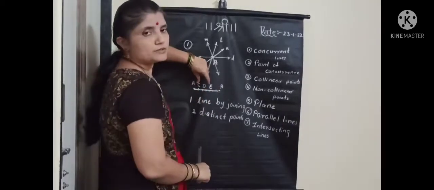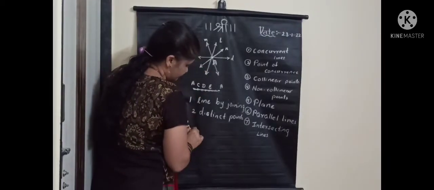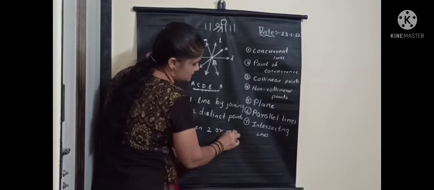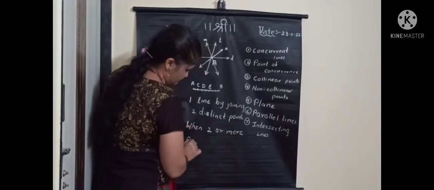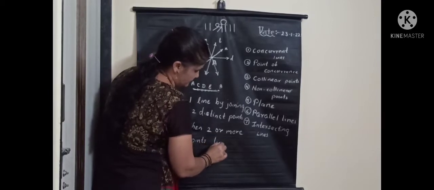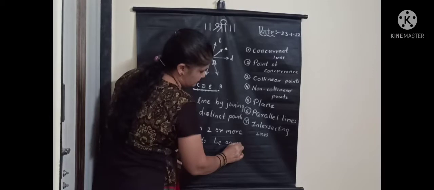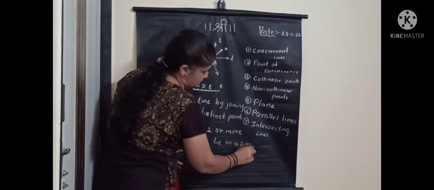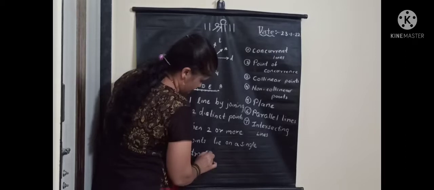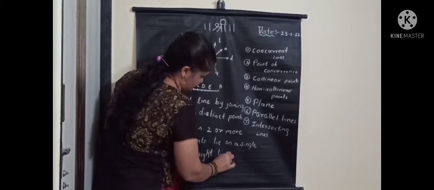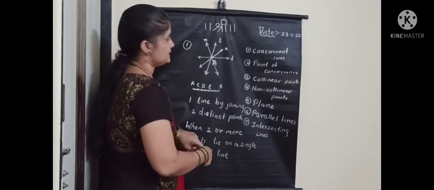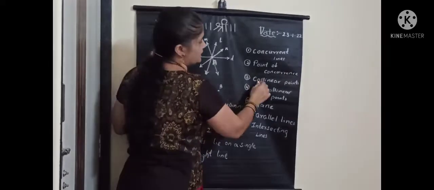So when two or more points lie on a single straight line, those points are called collinear points.